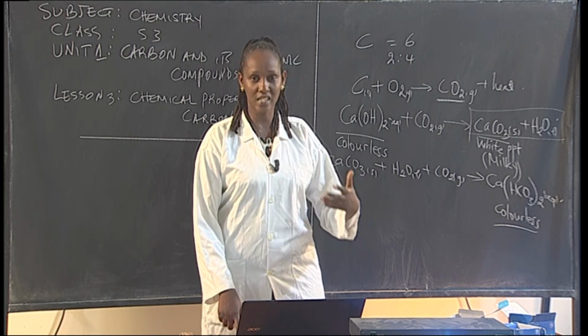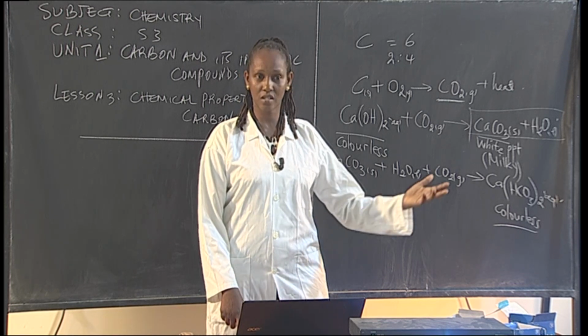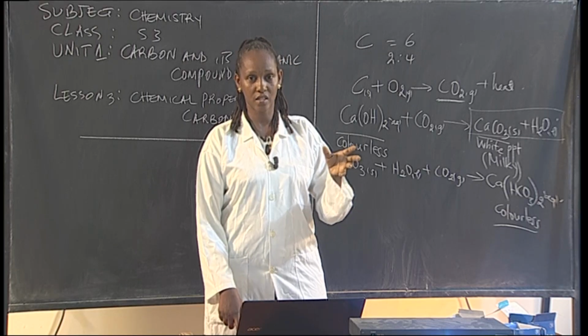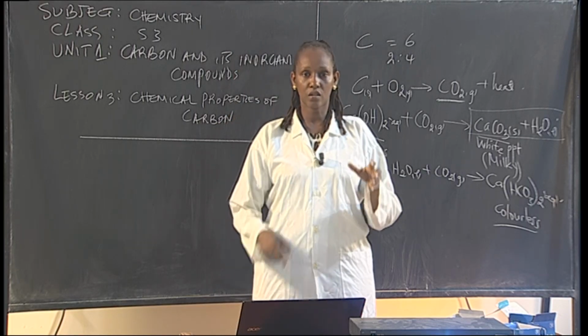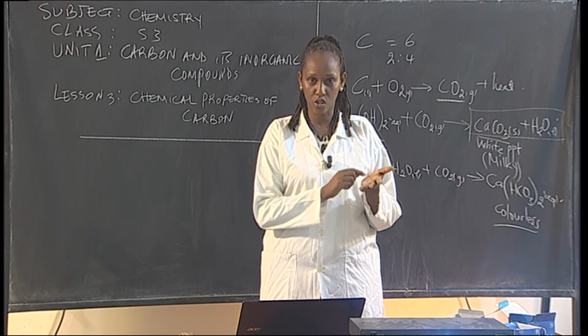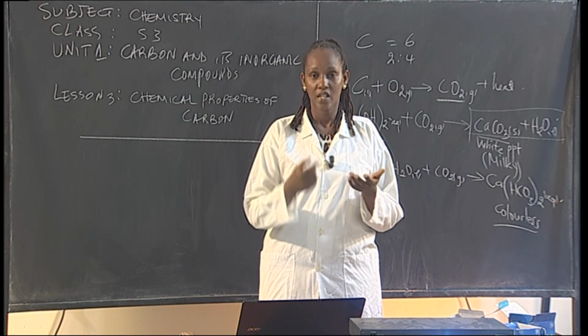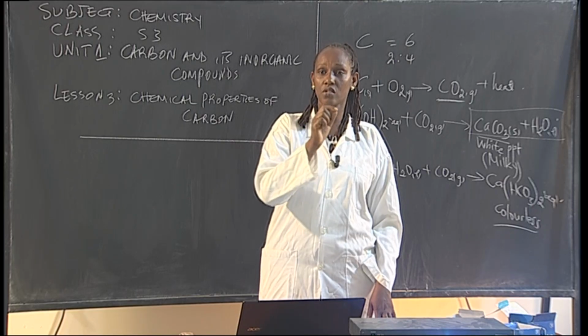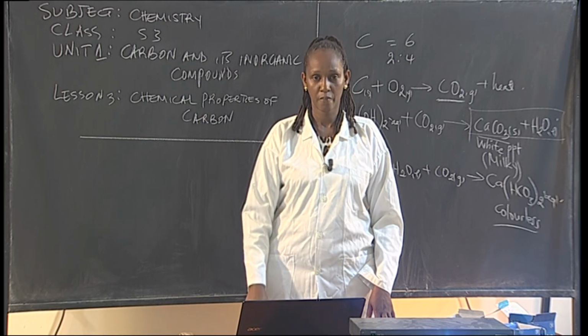So you see in fire extinguishers, they use carbon dioxide. If you look at those containers, you will see carbon dioxide written on top. It means that carbon dioxide is used to put down fire.